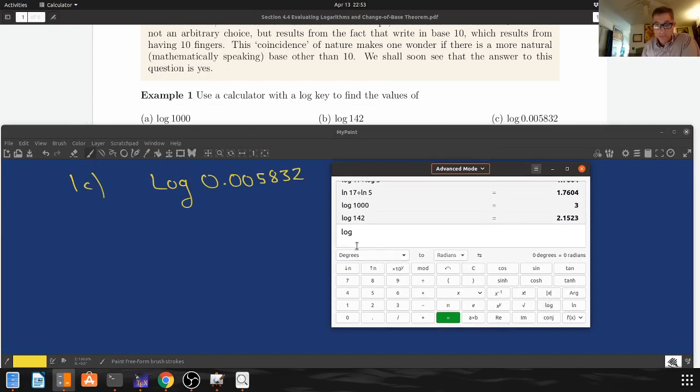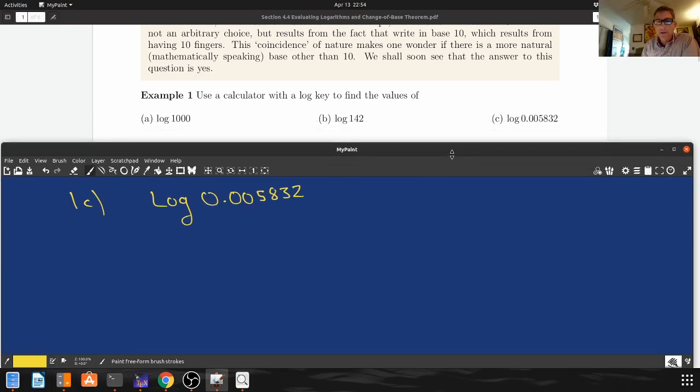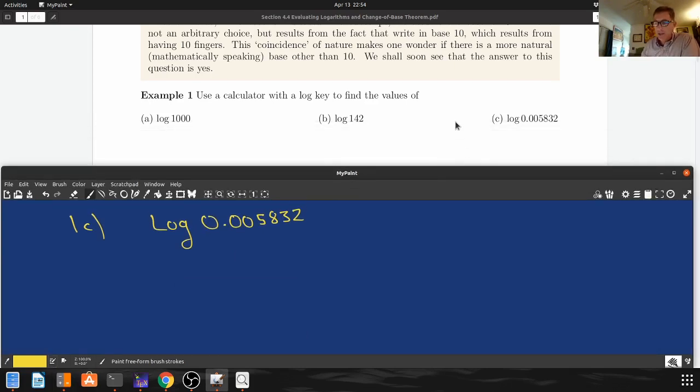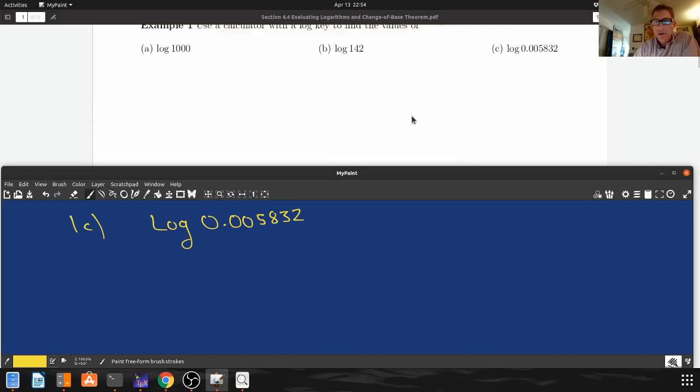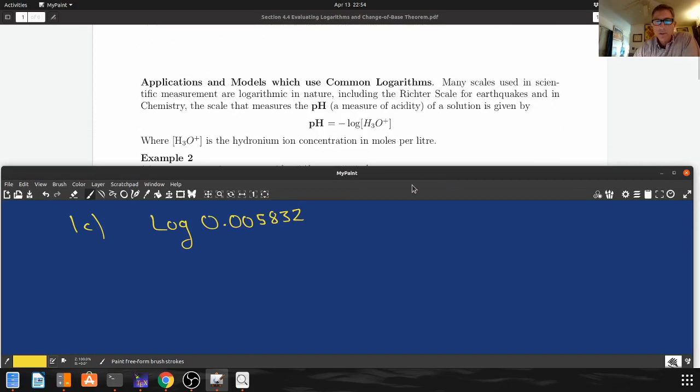So this is log, meaning log to the base 10 of 0.125832, and we get an answer. And the important thing here is that you notice that our answer is minus 2.234182485. It's probably an irrational number, and it continues on and on and on. But either way it goes, that's close enough for us.